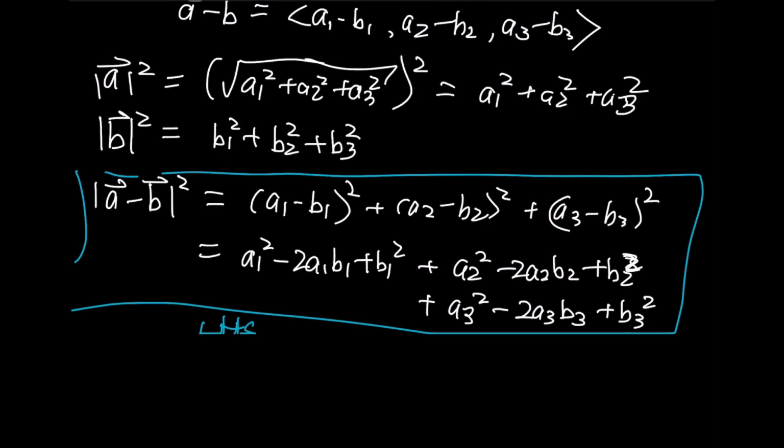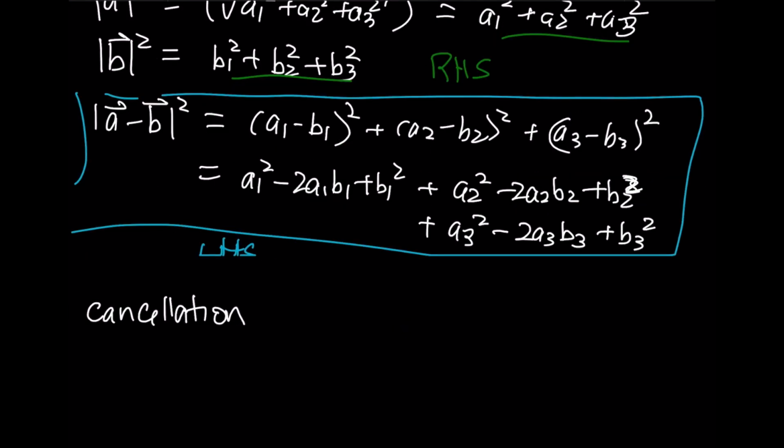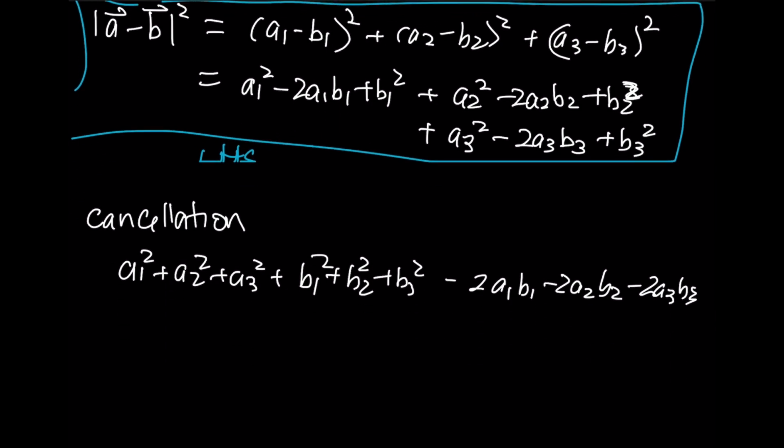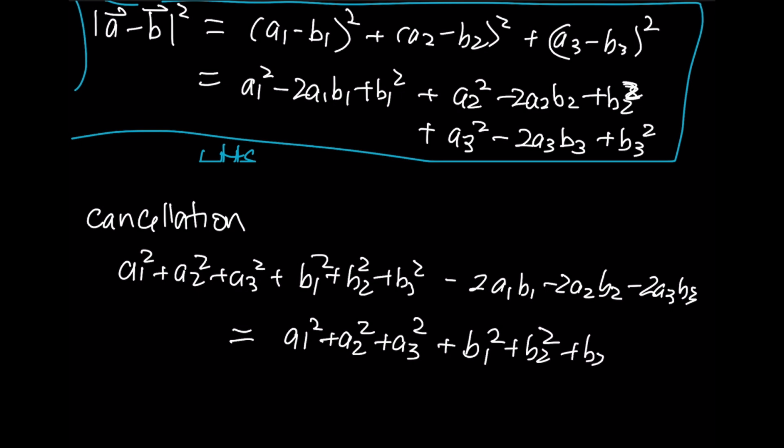These things right here are on the right-hand side of the equation. So on the left-hand side, I'll have A1, A2, A3 squared, B1, B2, B3 squared minus 2A1 B1 minus 2A2 B2 minus 2A3 B3. On the other side, I'll have exactly these same quantities and that dot product term that I'm interested in. 2A dotted with B.